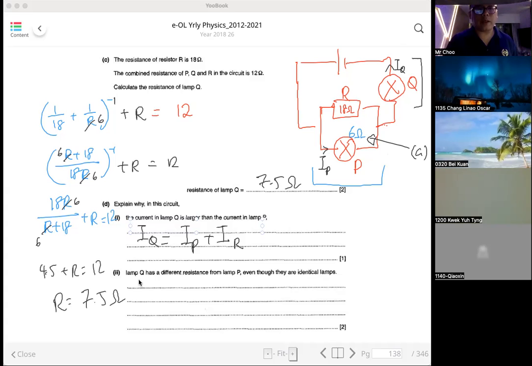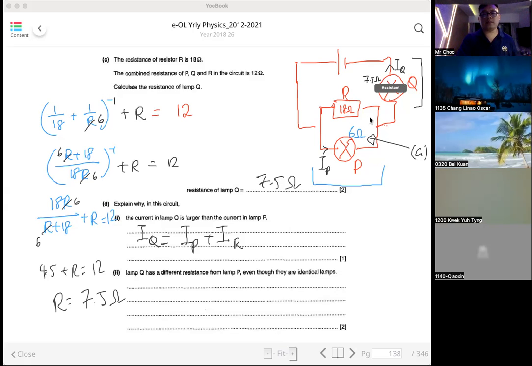Okay, last question. Lamp Q has a different resistance from lamp P, even though they are identical lamps. So this is 7.5 ohm.